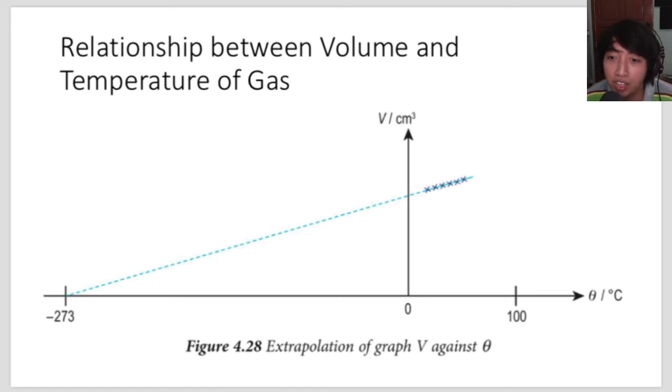So you see it's a graph of V against temperature. The higher the temperature, the higher the volume. As you go lower and lower, the volume also gets lower and lower, until theoretically, most scientists agree, at around negative 273, the volume becomes zero.